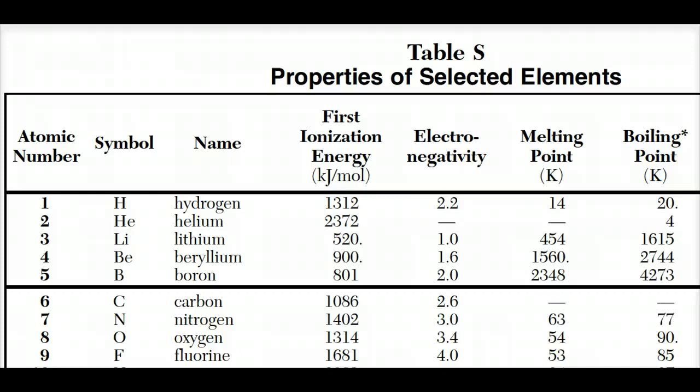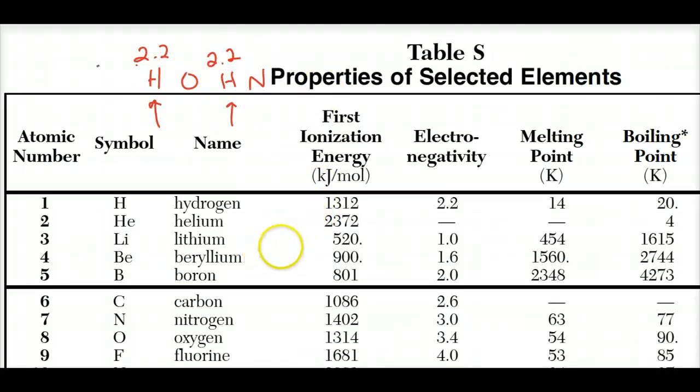Because we have an oxygen and an H, and then we have a nitrogen and an H. Let me just change it around. Just trust me on this one. Okay, we're going to do an H and oxygen, and then an H and nitrogen. Since they're both going to be H, they're both 2.2.